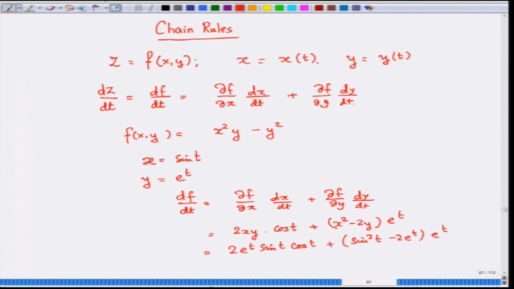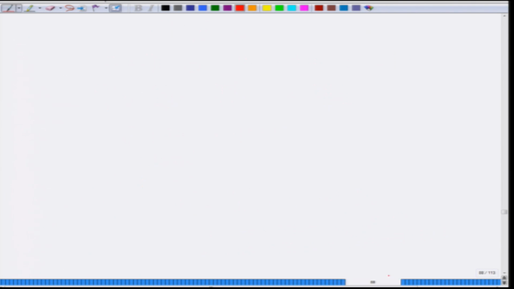Second formulation means I have z as a function of x, y, but then x is again a function of 2 more variables and y is again a function of 2 more variables. So, let me say z is a function of x, y, and I have x now as a function of 2 variables r and s, and y is another function of 2 variables r and s.